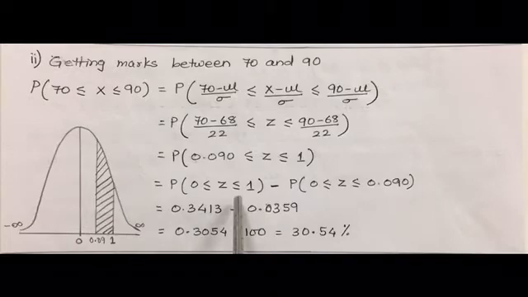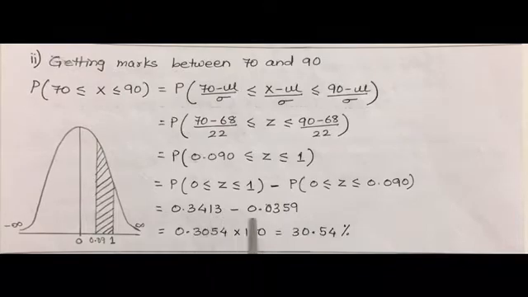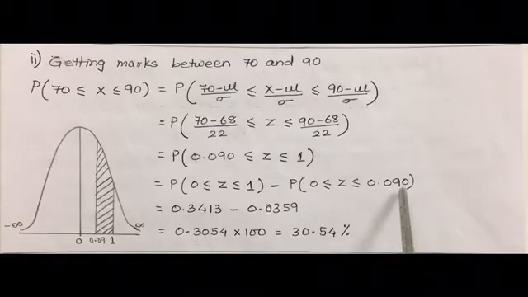So it is written first, probability of 0 to 1 minus probability of 0 to 0.09. From the table, the area of 1 is 0.3413 and the area of 0.09 is 0.0359. So these two areas are to be taken from the normal curve standard table.